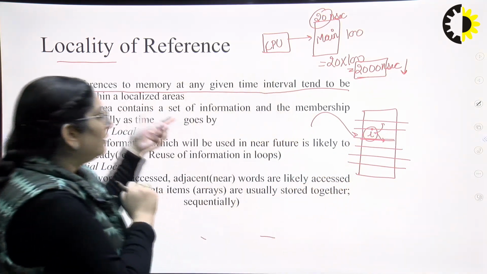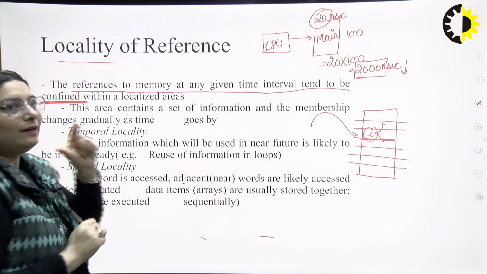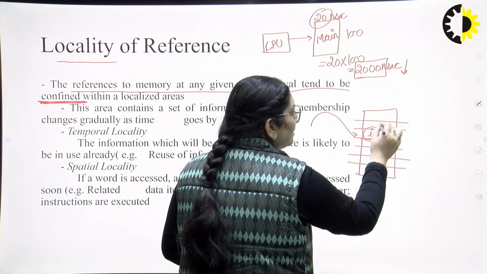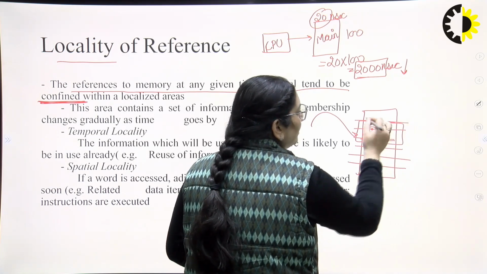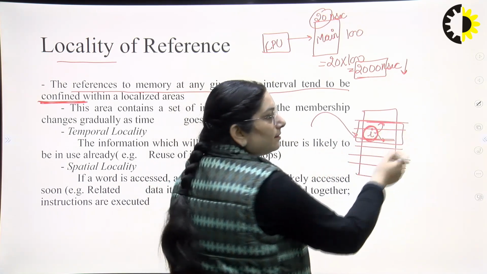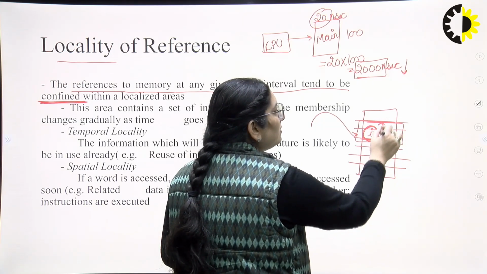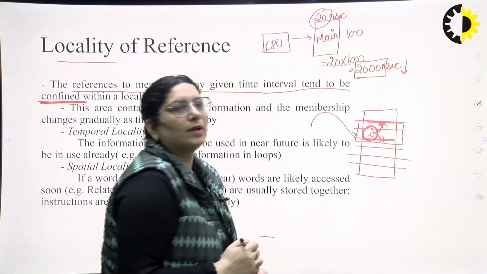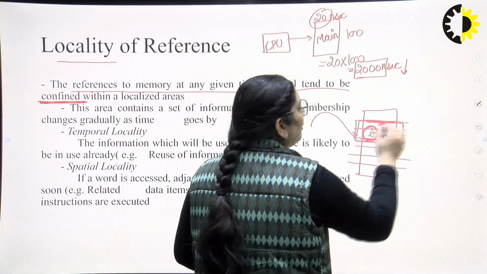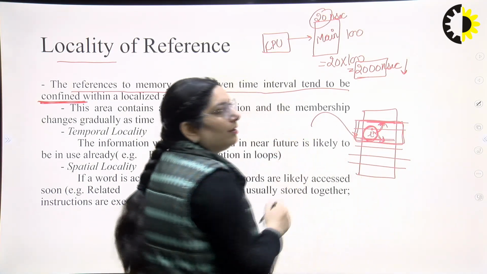That is, the next access is confined within a localized area. So the confined access is restricted to this much: if this particular item has been accessed now, the next item to be accessed will be either this or this. There are high chances of that. And this particular area is then called the locality of this particular reference.